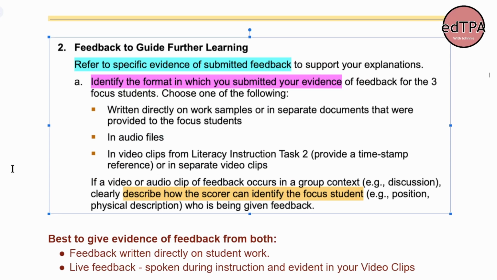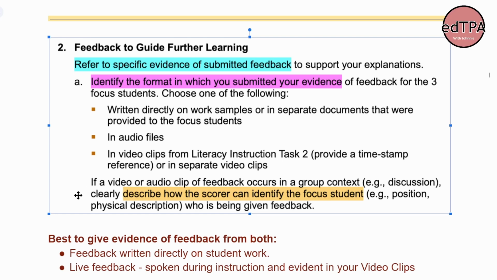Feedback to guide further learning. Refer to specific evidence of submitted feedback to support your explanations. Identify the format in which you submitted your evidence of feedback for the 3 focus students. Choose one of the following: written directly on work samples or in separate documents that were provided to the focus students, in audio files, in video clips from Literacy Instruction Task 2, provide a timestamp reference, or in separate video clips.